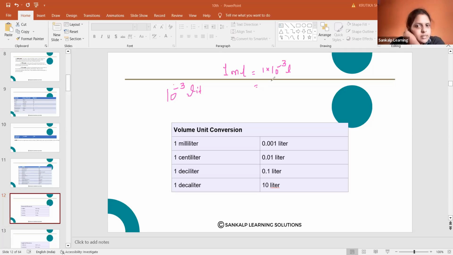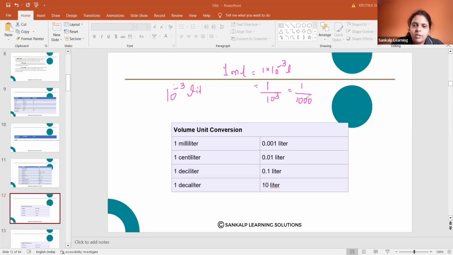Here, 10 to the power minus 3 can be written as 1 divided by 10 to the power 3, since a negative power moves it to the denominator. How do we write 10 to the power 3? The power decides how many zeros come after 1.